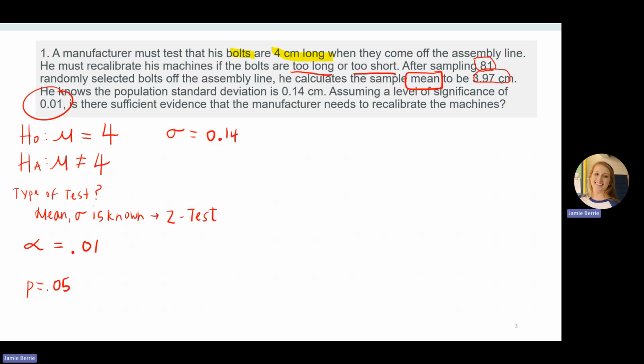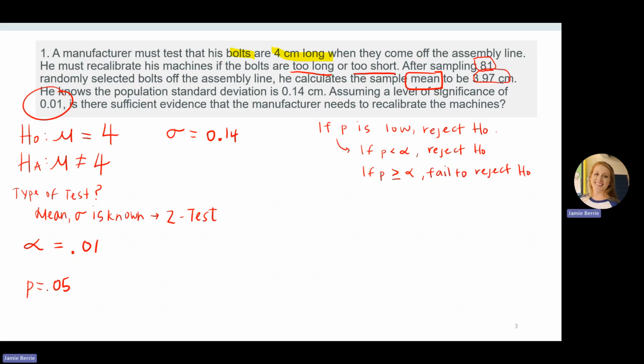When we're drawing our conclusion, the general rule of thumb is if P is low, reject H0. What this means is that if P is less than alpha, you reject H0. If P is not less than alpha, so if it's greater than alpha or equal to alpha, then you fail to reject H0.